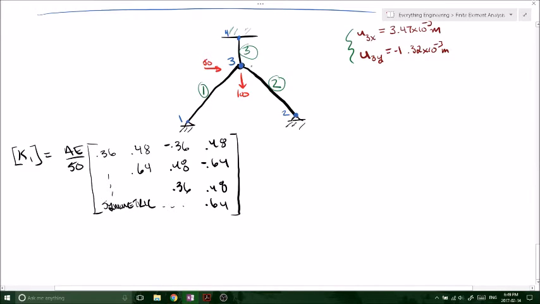Alright, so if we remember, each node is going to have an x component and a y component, and I'm going to label these f1x due to member 1, and f1y due to member 1. And then if we're looking at the third node, we're standing at the third node looking down to our first node. Actually, let's erase these forces just for now so we can get a better understanding of what's going on here.